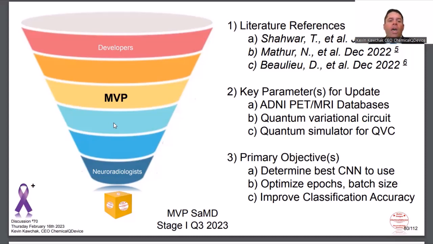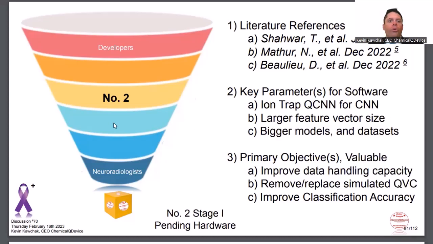This is typical, and explainable AI is flipped, but for most of these you'll see basically the iterative approach is neuroradiologists saying, oh okay, this did or didn't work. So that's the MVP for Q3.